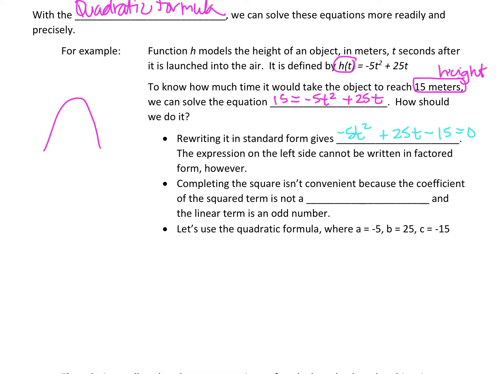The expression on the left side cannot be written in factored form, however. So this is not something that we could factor, so we wouldn't use factoring as a method of solving. Completing the square is not convenient because the coefficient of the squared term is not a perfect square. So this negative 5t squared is not a perfect square term, so we wouldn't want to use completing the square.